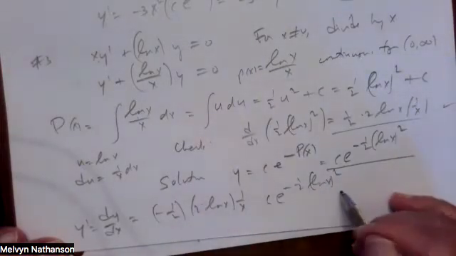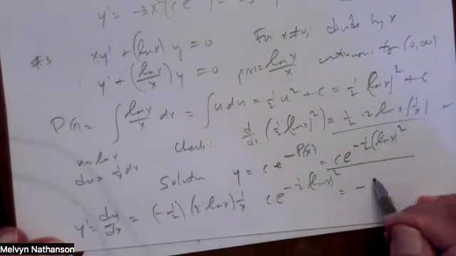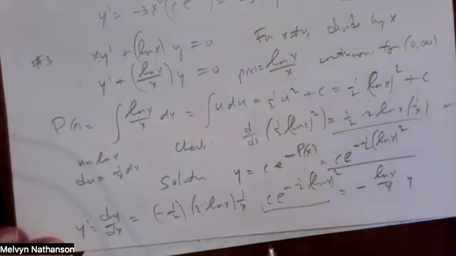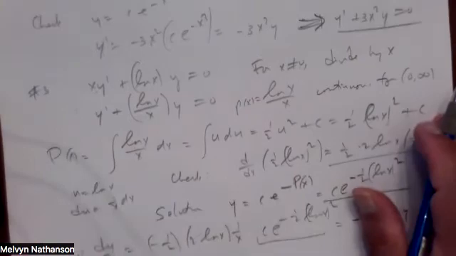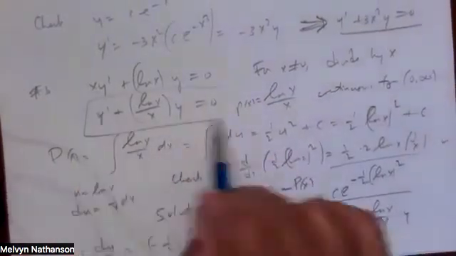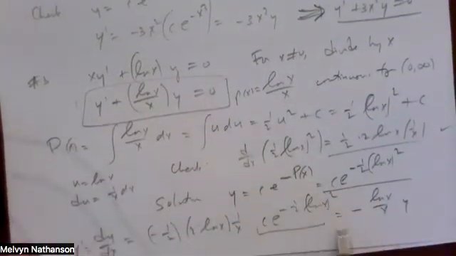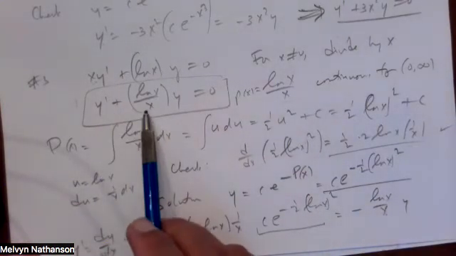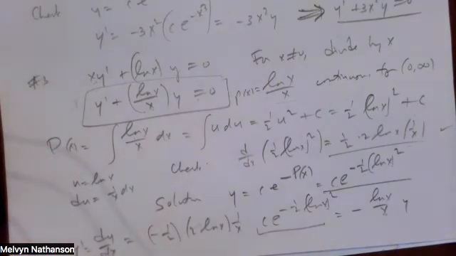The 2's cancel. This is minus log x over x times y. And that was exactly the differential equation we started with. Just bring this over to the other side: y prime plus log x over x times y equals 0. Okay. Any questions about this?